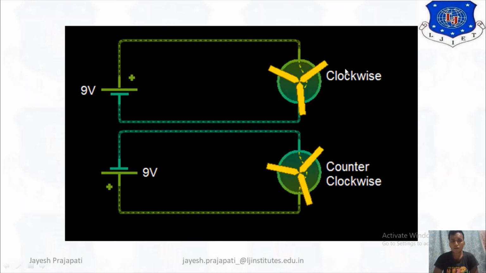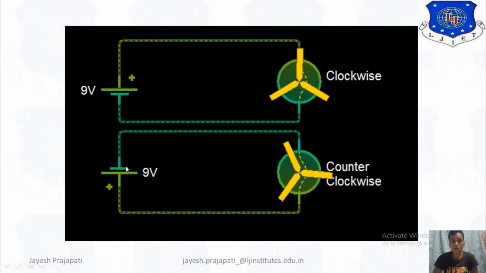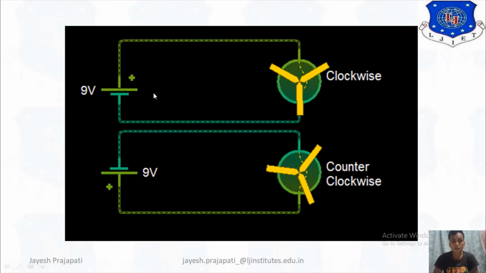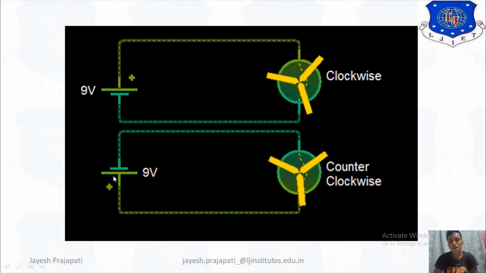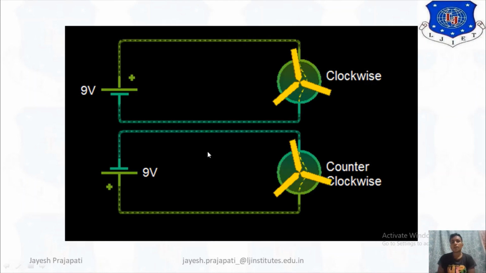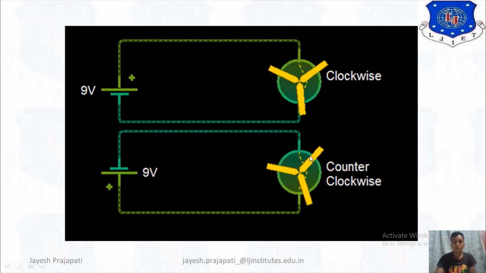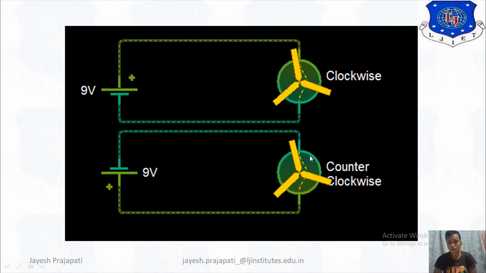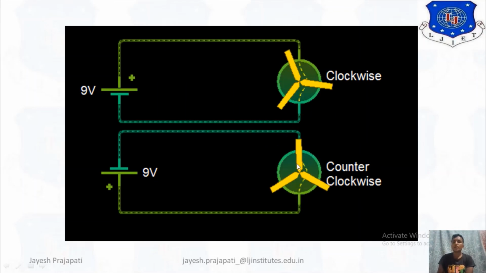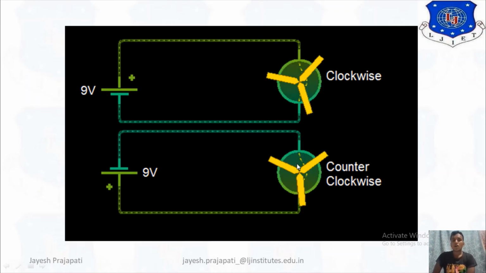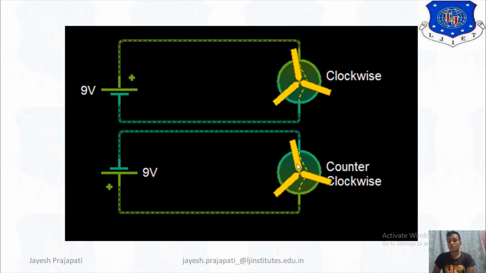But if we change the supply connection, with negative on the upper side and positive on the lower side, then the motor will rotate in the counterclockwise direction. So you can see that is a clockwise direction and here that is an anti-clockwise direction. In this way we can change the rotation of the DC motor.